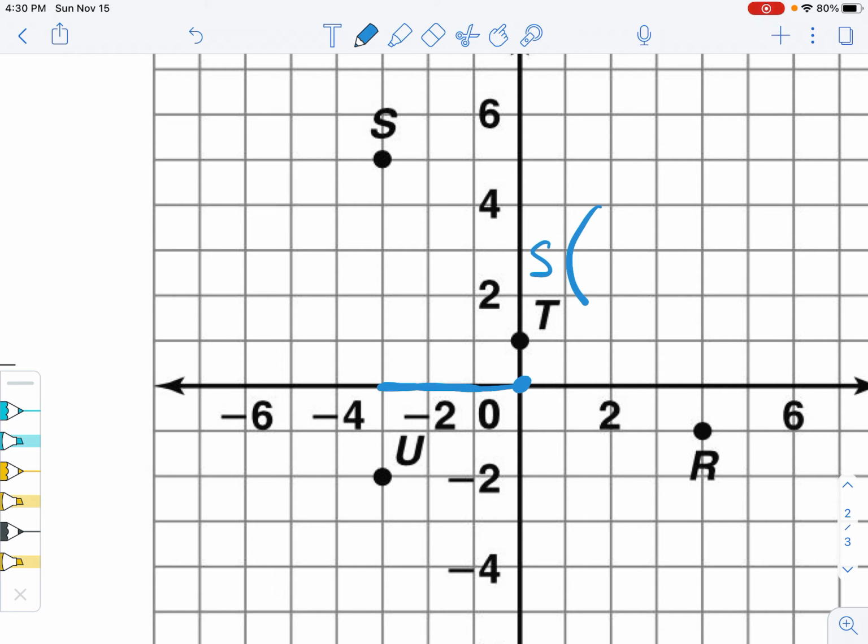So we know it's negative, and we have to go all the way to -3 to be in line with S. So we know that our first coordinate is -3. And then we have to go up 1, 2, 3, 4, 5. So our y value is +5, making S (-3, 5).